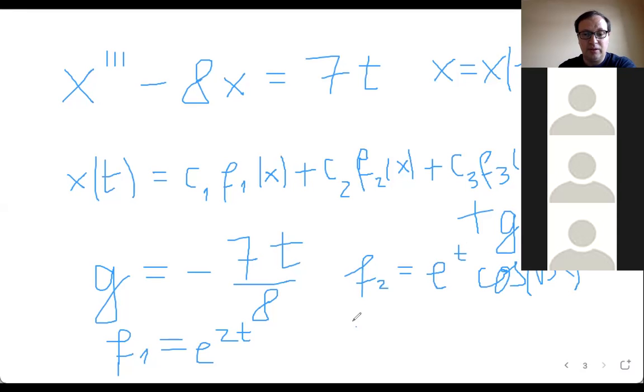And f3 is e to the t times sine of square root of 3 times t.